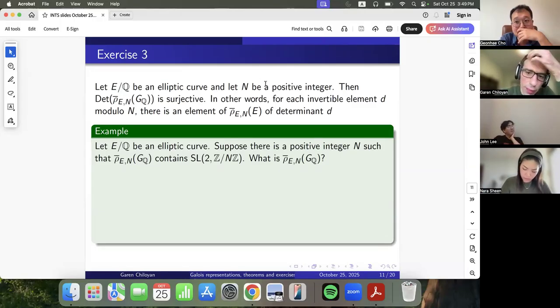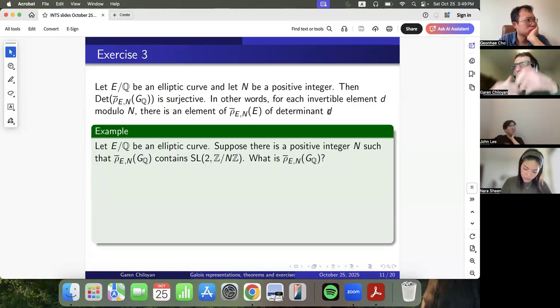Let E be an elliptic curve and N be a positive integer, then the determinant map is surjective. Meaning in the image of the mod n Galois representation, you will always find a matrix of determinant D, where D is an invertible element modulo n.